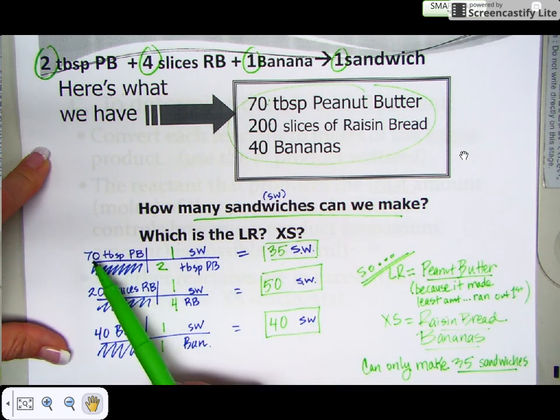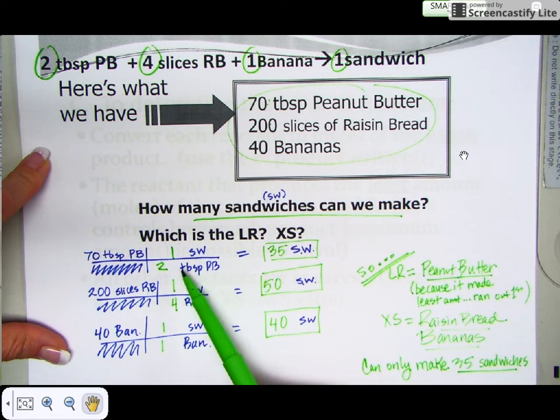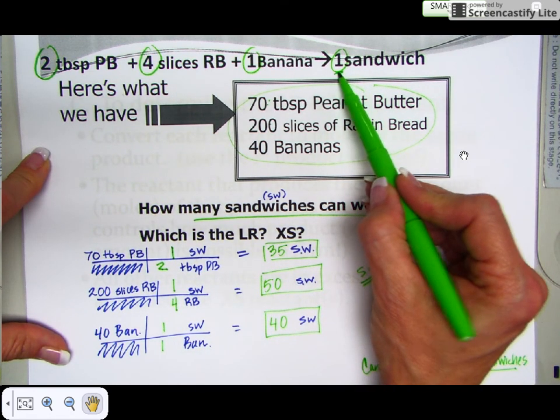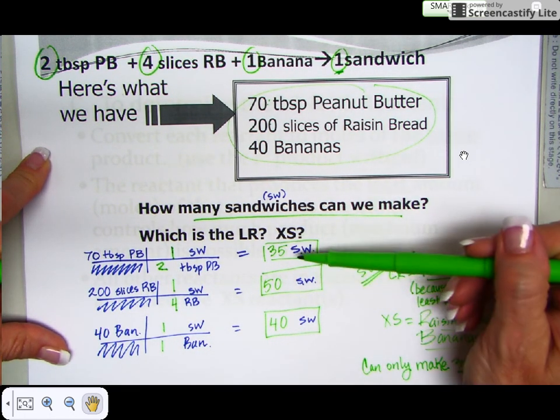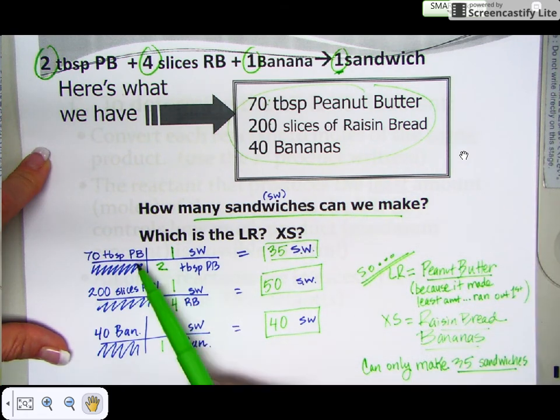So we started with our givens, and we used the mole ratio from the balanced equation to get the ratio that each reactant is needed in order to make the one sandwich. So we determined that we can make 35 sandwiches with the peanut butter that we had purchased, 50 sandwiches if we used up all of our bread, and 40 sandwiches if we used up all of our bananas.